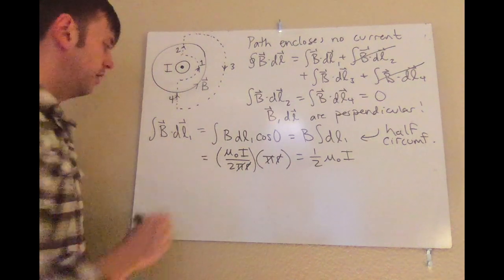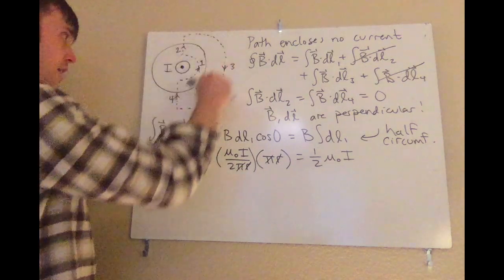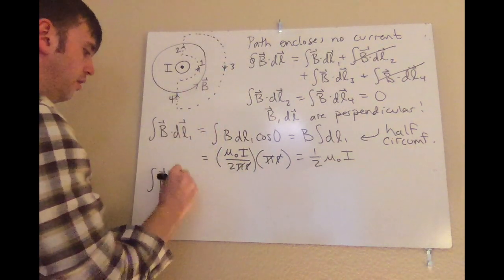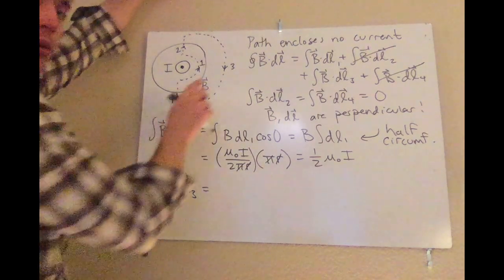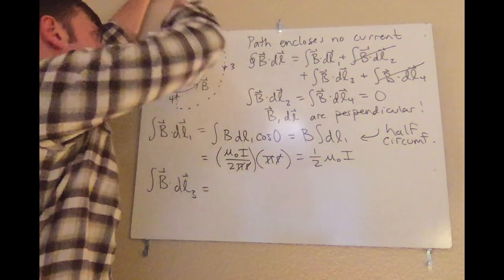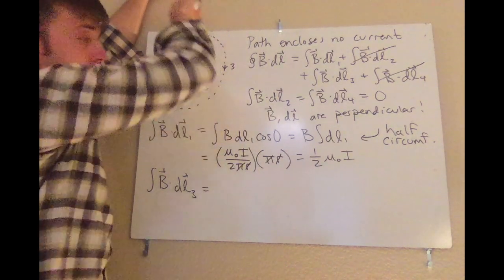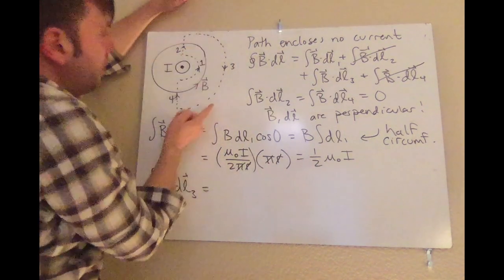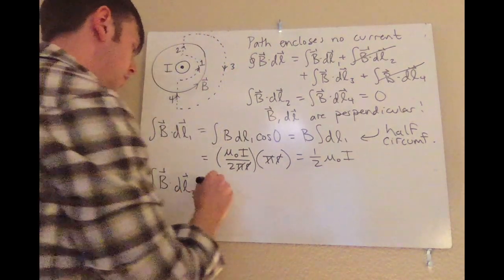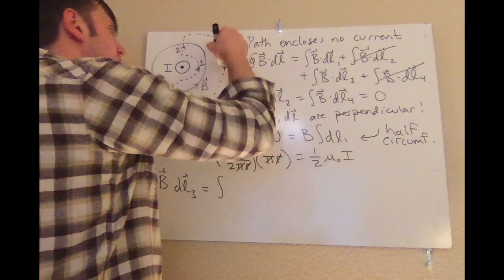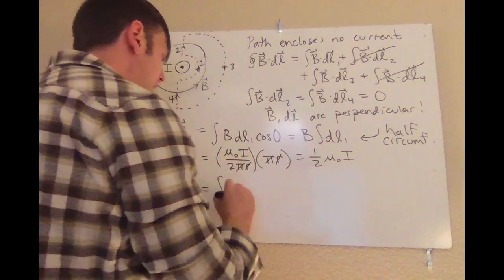Now let's do it for the last path, which is number 3 over here. The thing we need to notice about this path is the DL is going clockwise like this, but my B field lines are going exactly opposite to that, counterclockwise. So I have a DL vector and a B vector, and they're going exactly in opposite directions.